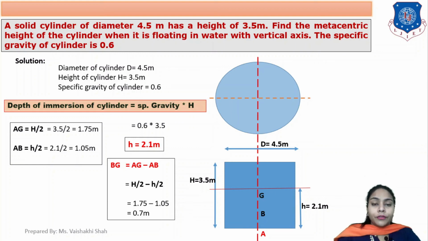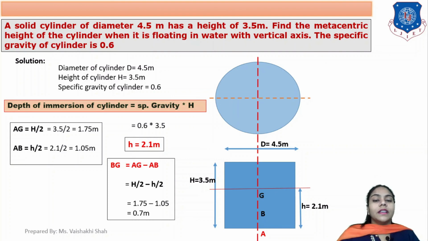If you want to find the depth of immersion, the equation is specific gravity into capital H. Here the specific gravity of the material is 0.6, and capital H, the total height, is 3.5.